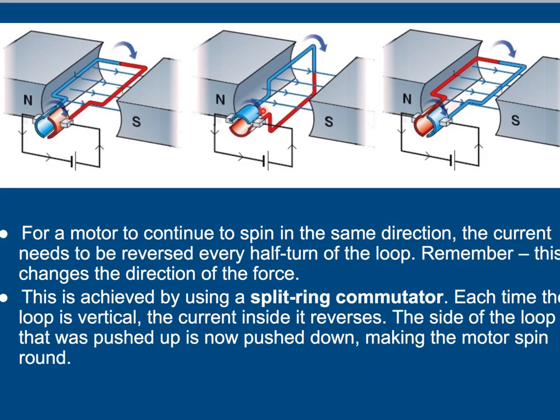So when you get to this situation, instead of the loop trying to be pushed up even more, it starts to be pushed down, and that makes the loop continue to spin. Now, this is only achieved by use of a split ring commutator, which is this bit here. Each time the loop is vertical, the current inside it reverses. The side of the loop that was pushed up is now pushed down, and it makes the motor spin round.